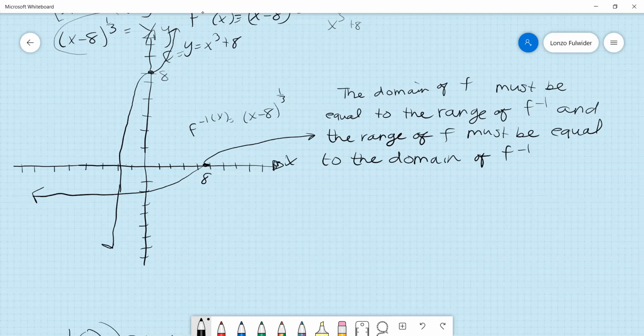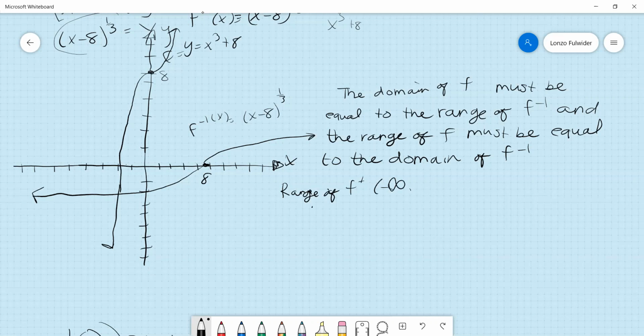The range of this graph right here, what's my range of this? The range of f inverse is what? The range is the y value, so this keeps going up, up, up. This keeps going down, down, down, but so we could call that all real numbers.